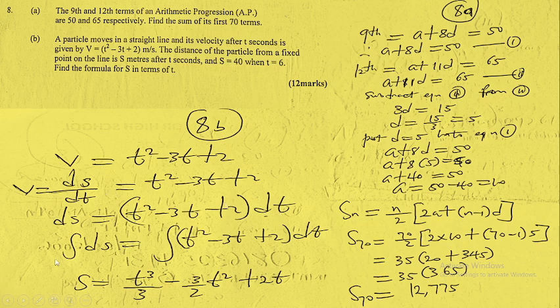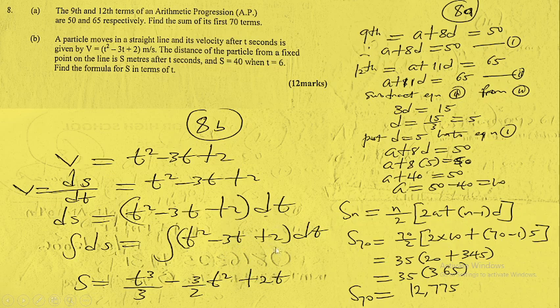So if you integrate, don't forget we are looking for s in terms of t. If you integrate ds, we have s left. Whatever we do to the left hand side, we do to the right hand side as well. So if you integrate t squared with respect to t, you have t cube over 3, that is, plus 1 divided by whatever you get at the top. Then we integrate minus 3t as well: 1 plus 1 gives us 2, so 3 over 2 t squared.